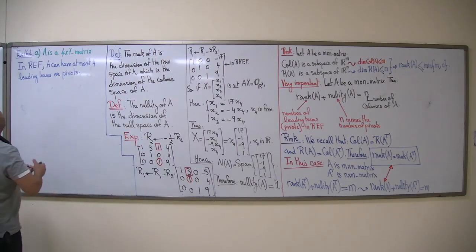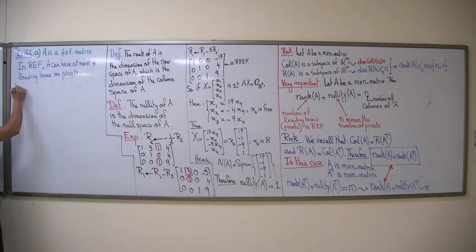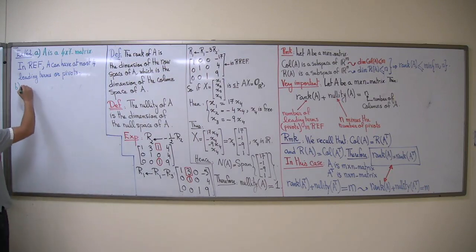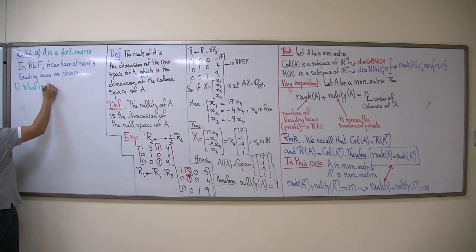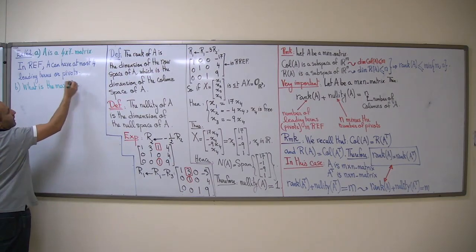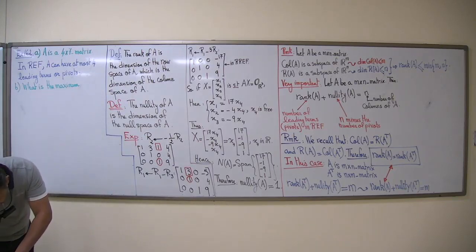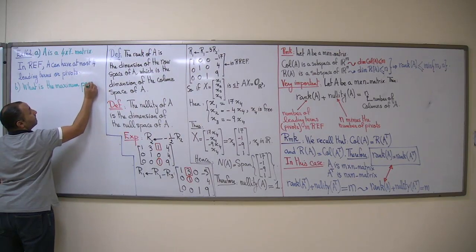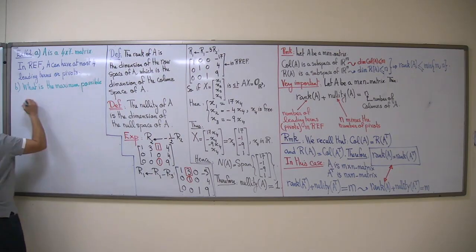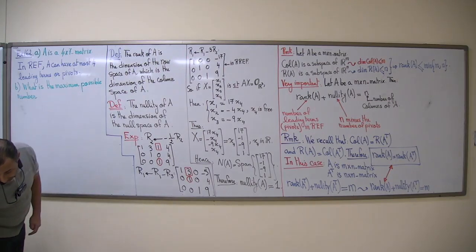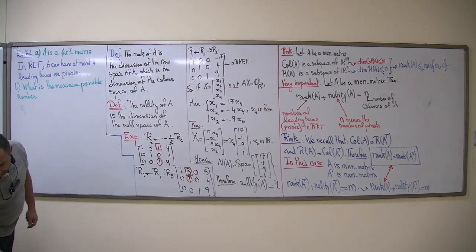This is question B. So, what is the maximum possible number of parameters?